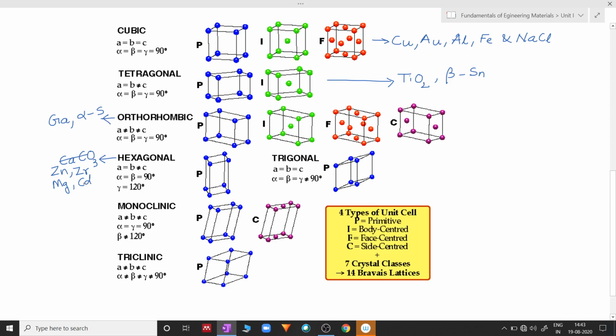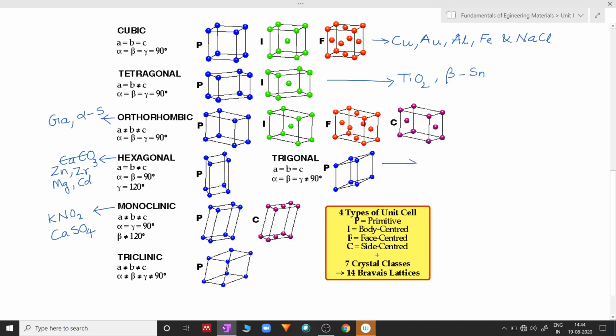And for this monoclinic system, KNO2, calcium sulfate. And rhombohedral, here another name, this is trigonal, so this is also called rhombohedral.